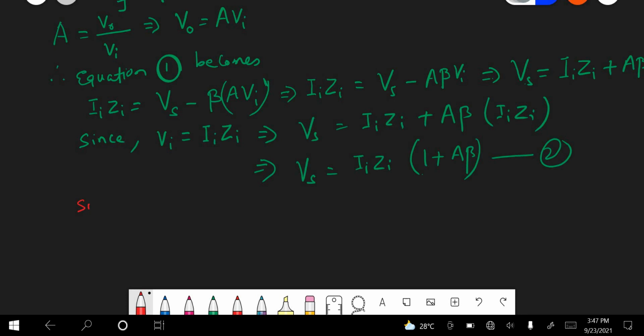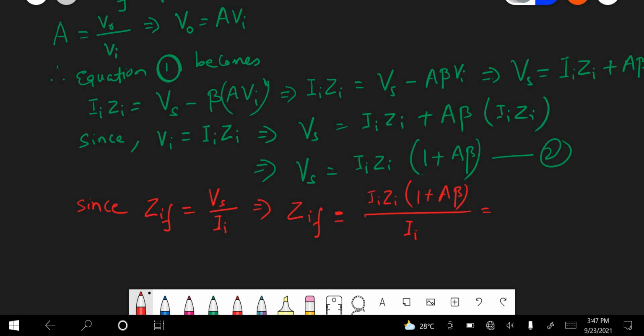So Zif is equal to, what is Vs? Vs is from equation number 2, that is Ii times Zi into 1 plus A beta, divided by Ii.